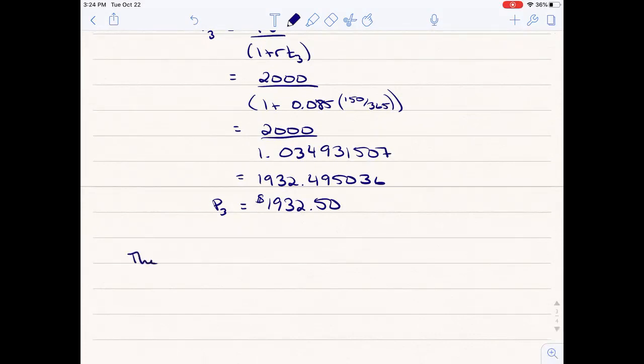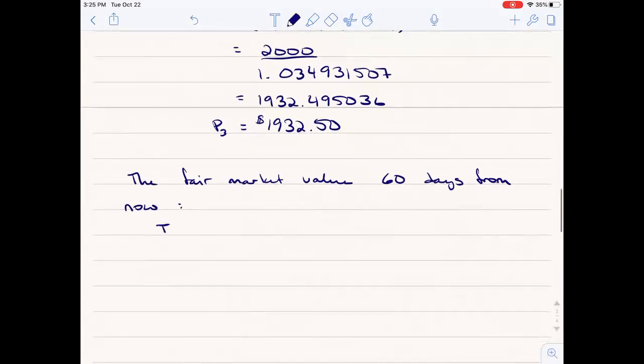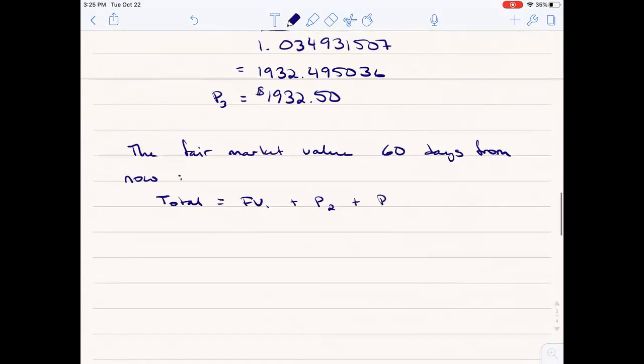So the fair market value 60 days from now is the same as the total, which is going to be future value 1 plus principal amount 2 plus principal amount 3, which we found was 1,013.97 plus 1,496.51 plus 1,932.50.